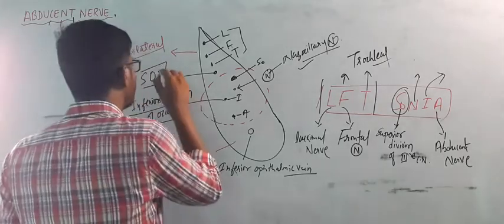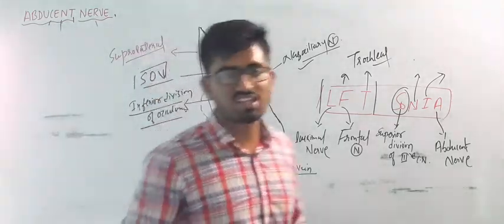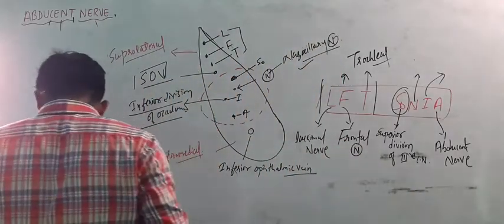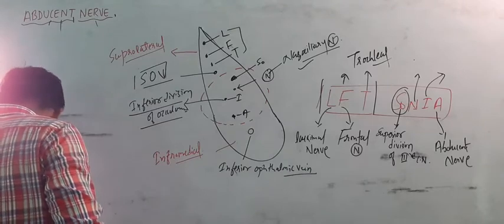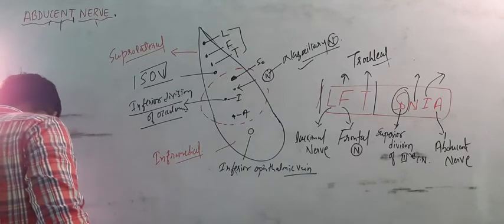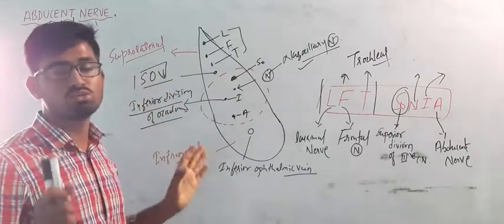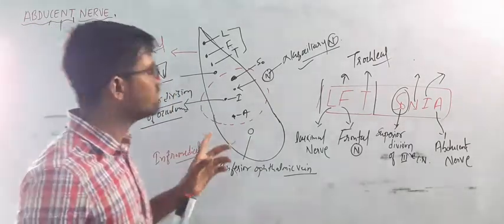So this is the thing which we have to know. In the various exams, this question has been asked many times, right? So these things you have to remember, and everything else I have covered: lacrimal, nasociliary, frontal. So what you have to remember is LFT in the Sonia, right? So this is the thing which we have to understand.